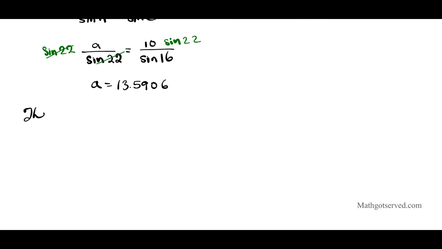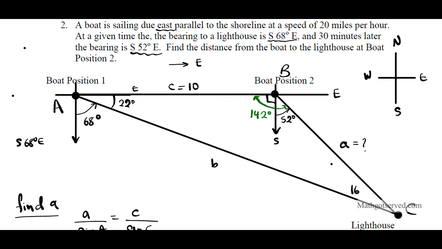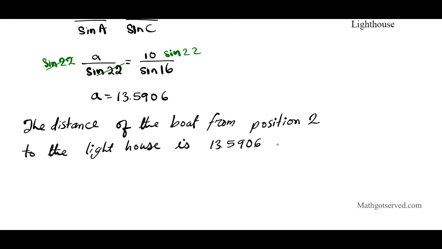The distance of the boat from position 2 to the lighthouse is 13.5906. What's the unit here? Miles, I think it's miles. Yeah, 13.5906 miles. All right, so there you have it.